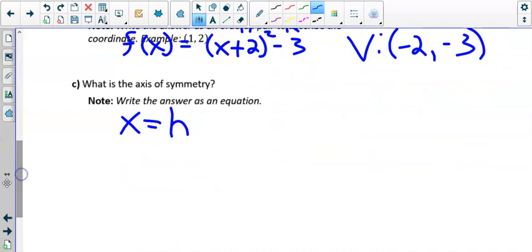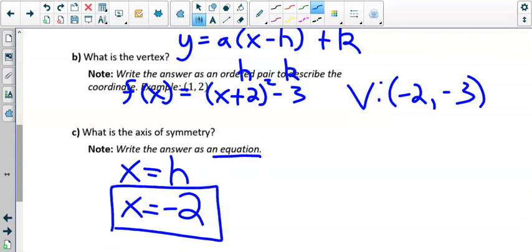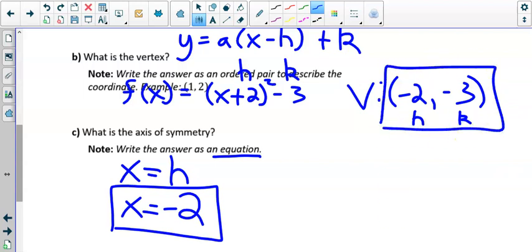So our axis of symmetry is x equals -2. And they want it as an equation. So you have to put the x equals -2. Okay? Because you come up here, remember, this is your H value. And that's the K value. Okay? Yep. And your vertex is right over here. So this question mixed a little bit of 6.5 and 6.6 together.